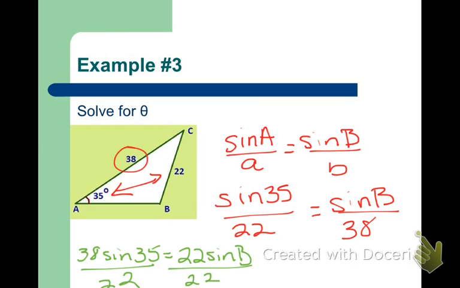When I cross multiply and divide, I get 0.9907 for the sine of B, which means I need to do the inverse sine. So on my calculator, I'm going to hit second sine of that number, and then I get an angle of 82.2 degrees for B.